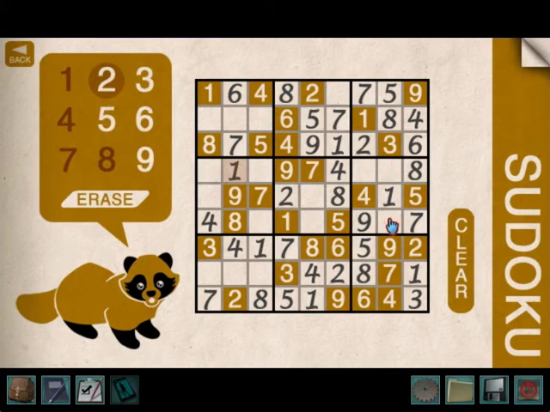Yeah, not sure about this one. 3. What have we got with 3s? We can now fill that in. And we have to fill this in there now. Which means that that's filled in. And that's filled in. And that's filled in. Good, good, good.